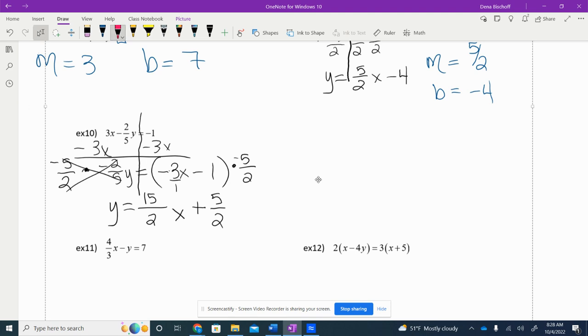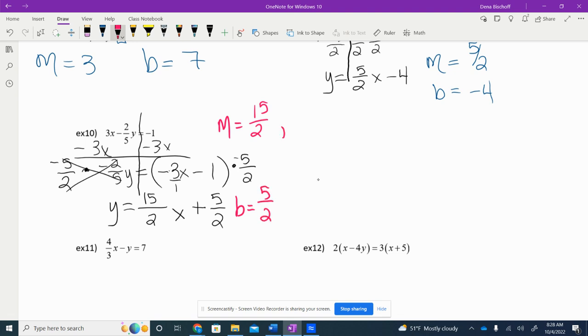So what is my slope? And what is my y-intercept? Lorelai. Slope is 15 over 2. And y-intercept? Okay.